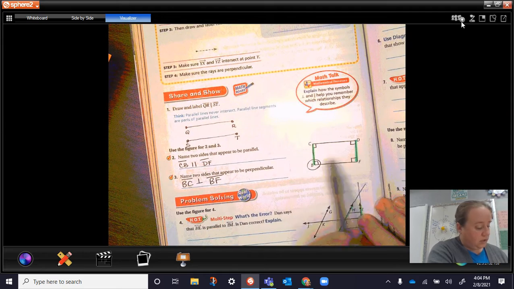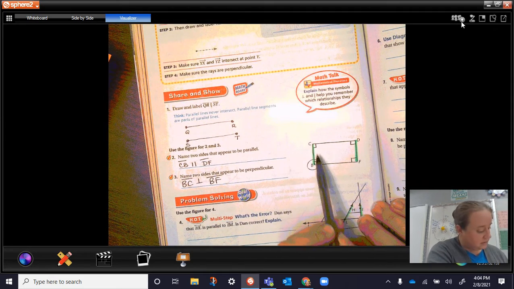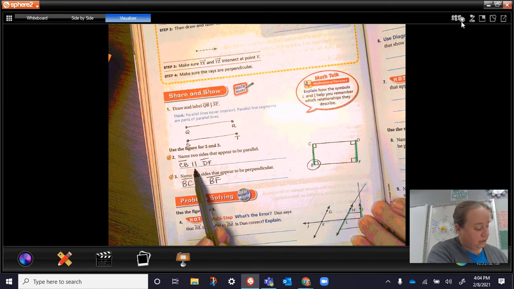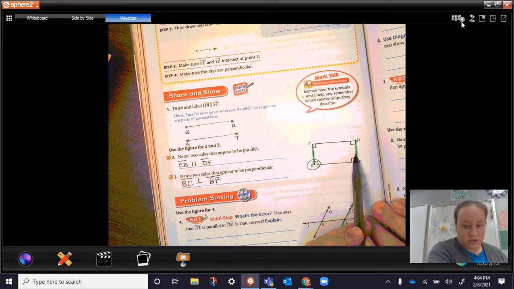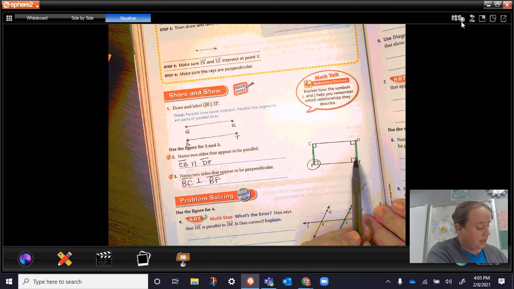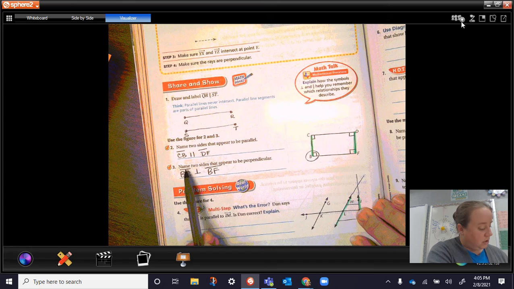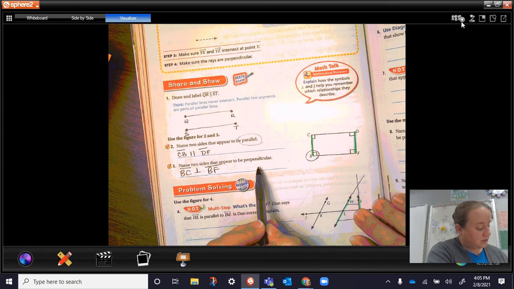Then here within the shape, we found sides that were parallel. We said that CB is parallel to DF. They're opposite of each other. They're not touching. They will never touch. And therefore they're parallel. So parallel was my keyword there.